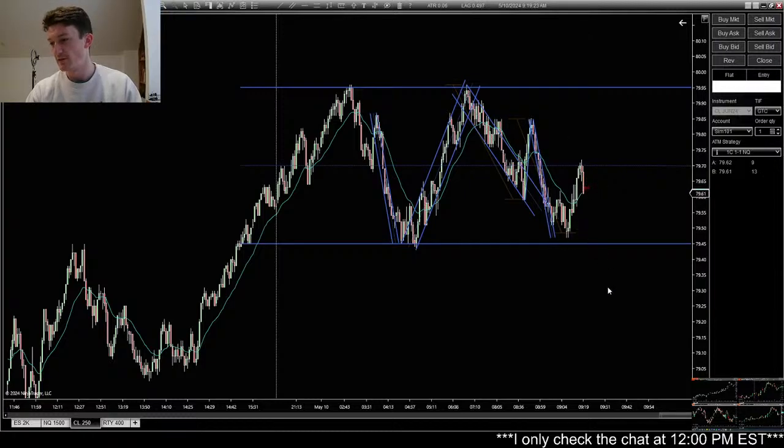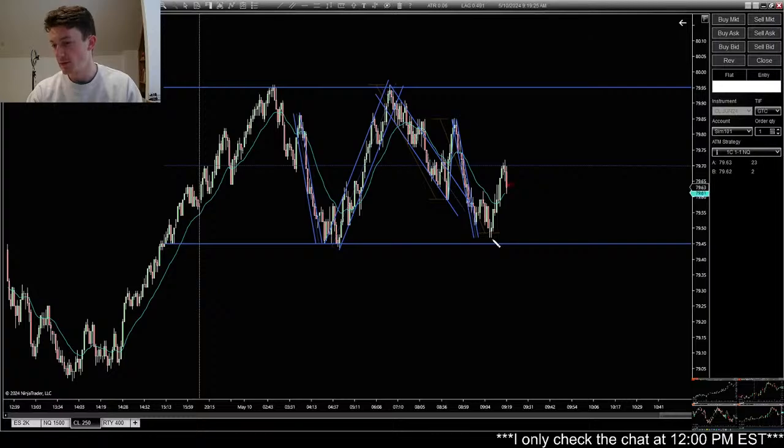Then that trend plays out as well. A strong push above the EMA, pretty close to these overnight lows as well, so prices will most likely continue higher there.